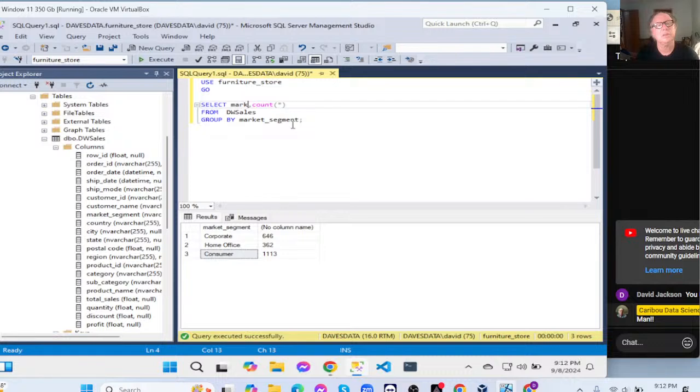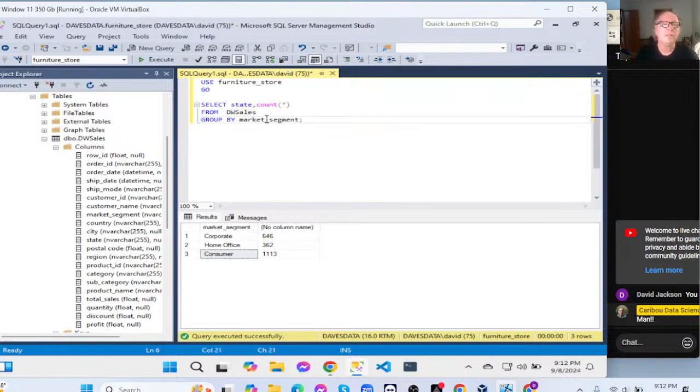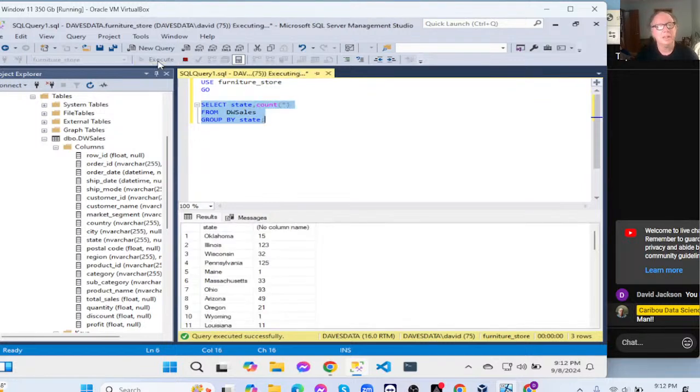So consumer is still our largest. It's probably twice as large as the other two combined, okay? Anyway, country, we know is U.S. Let's take a look at state.